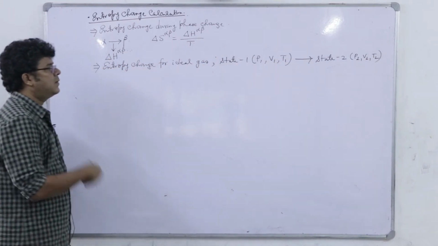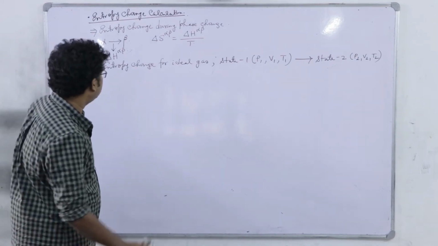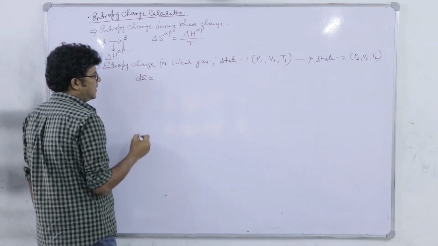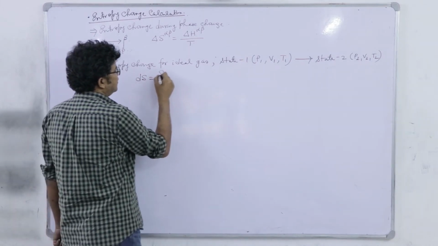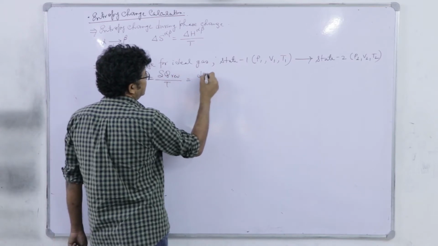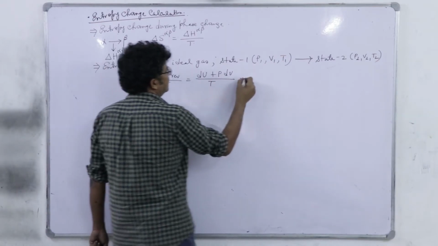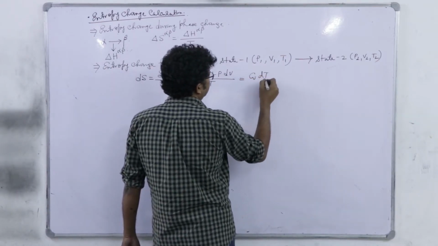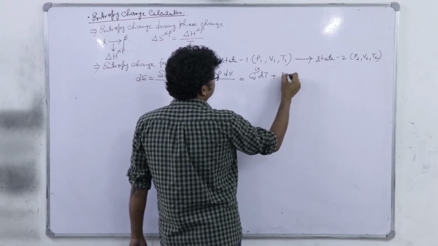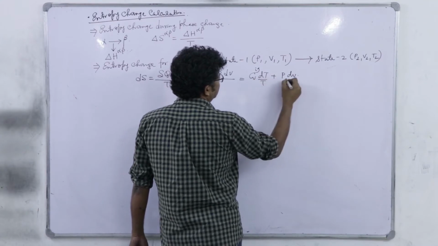From state 1 to state 2 it is changing, and we have to calculate the change of entropy. So you see, there are two different expressions. dS is equal to del Q reversible by T. So we write that dU plus P dV considering the reversible process. So dU is equal to Cv dT for ideal gas, plus P dV by T, here also by T.